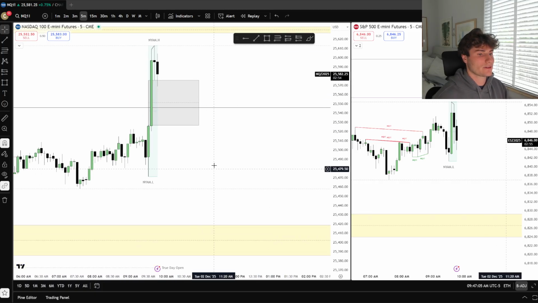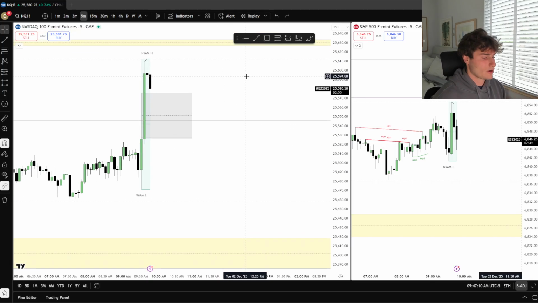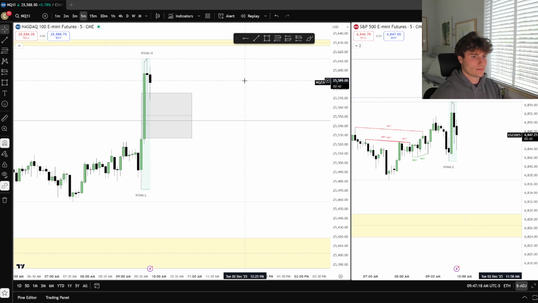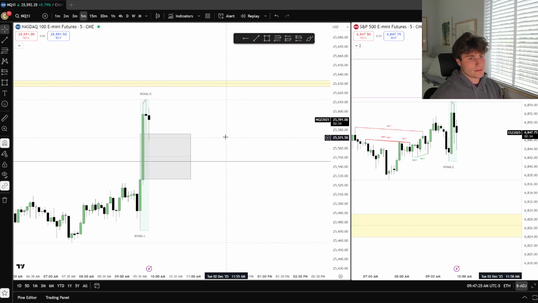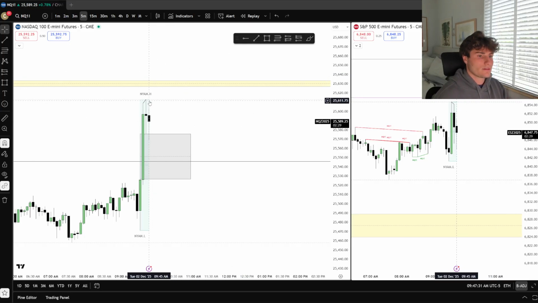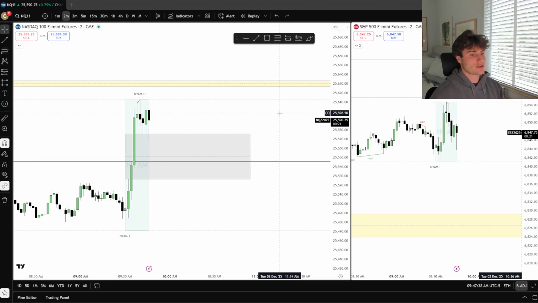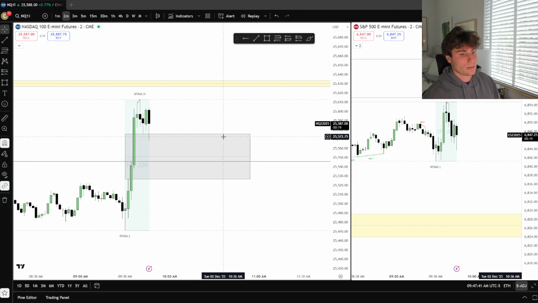Yeah, I'm gonna wait for this 5 minute to get inversed before I short. If we make a new high here, if we put in a new high and put in SMT and we get like an inversion, like a single fair value gap inversion, I'll take that and then I would go break even at this low.